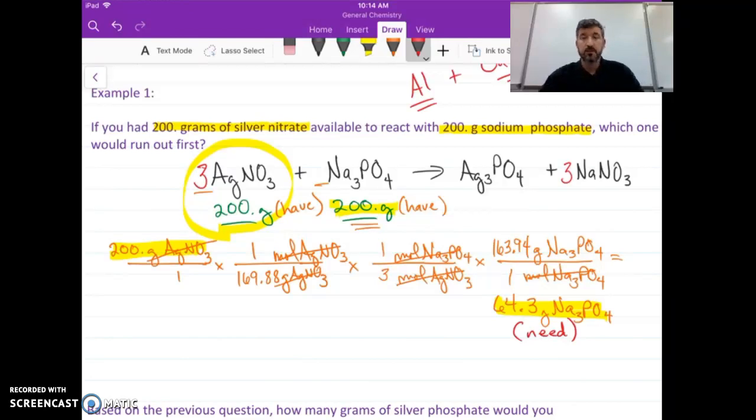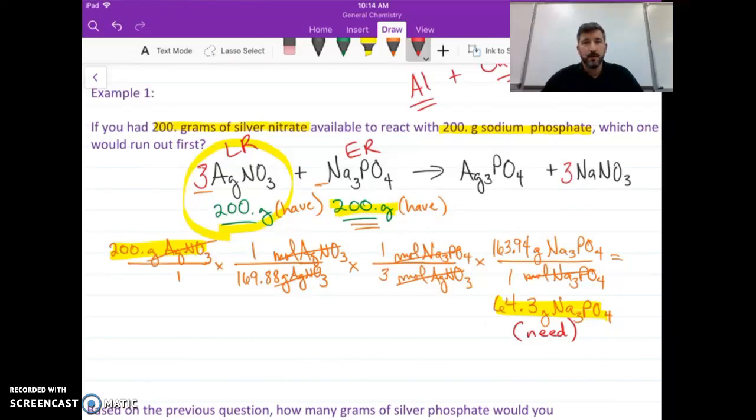So my next question is, if I have 200, but I only need 64.3, am I going to run out of sodium phosphate? No, I have more than I need. Sodium phosphate is going to be my excess reactant, which then means that silver nitrate is going to be my limiting reactant.